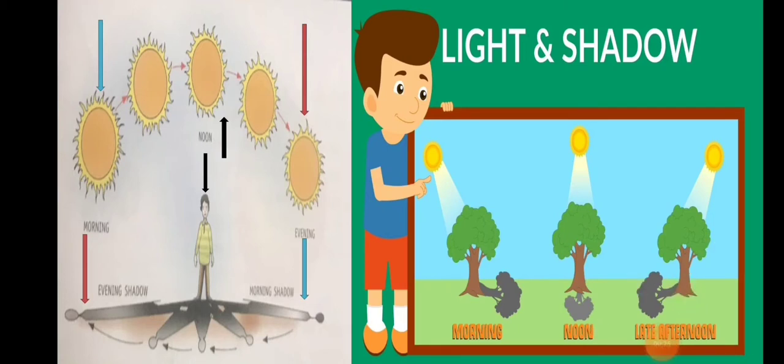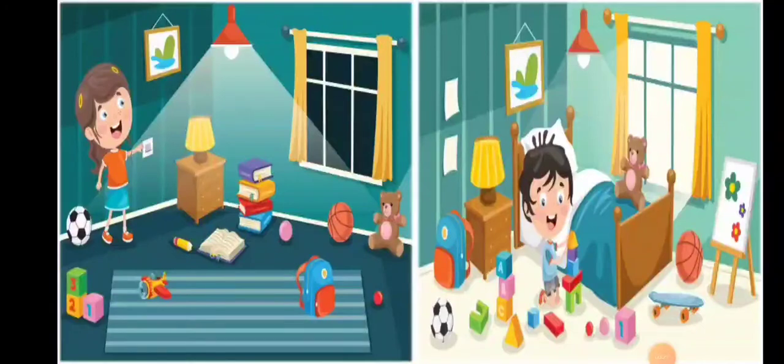Okay, kids, now see these two rooms. In the first room this light is present, and the first room is a night picture and the second room is a day picture. So why can't we see anything clearly inside the first room?